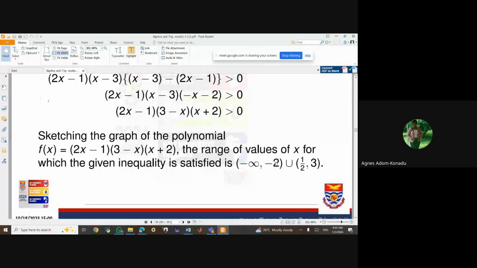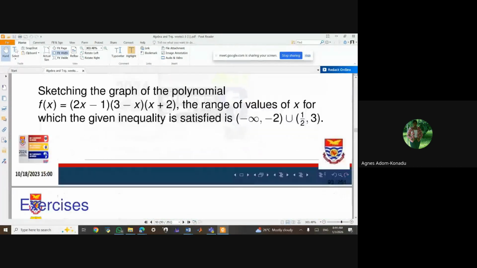Any number from -2 to infinity, when substituted here, will be greater than 0. Choosing values between 1/2 and 3 will also be greater than 0. So for the interval, you have to be smart and choose values that satisfy this. So the interval will be from -2 to infinity, and then 1/2 to 3, sorry.